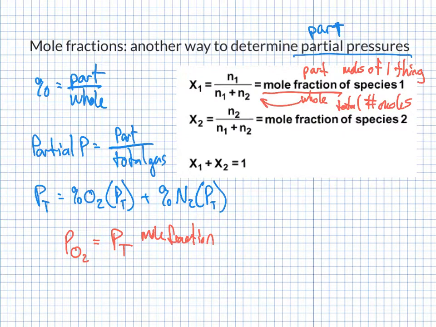So what you're normally going to have to do is calculate moles, because we're not normally going to give you moles, we're normally going to give you grams, which you will have to convert to moles because that's all you can do. And then once you convert it to moles, then you can calculate your mole fraction. And then this is simply a multiplication of the mole fraction times the total.